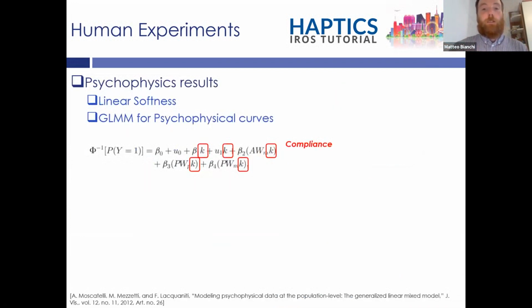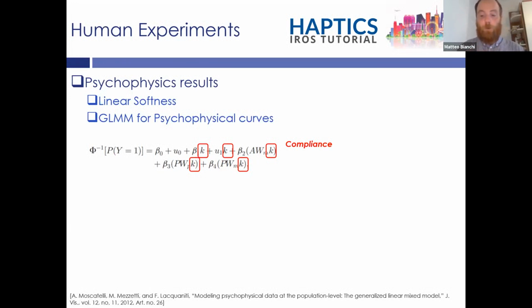To do this, we used the generalized linear mixed model to compute the psychophysical curve with the method of constant stimuli. So basically, the generalized linear mixed model allows to account for the effect of the experimental variables and for the variability between participants by means of fixed and random effect parameters.